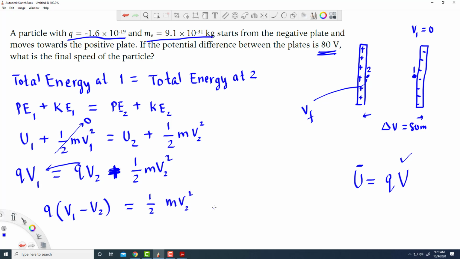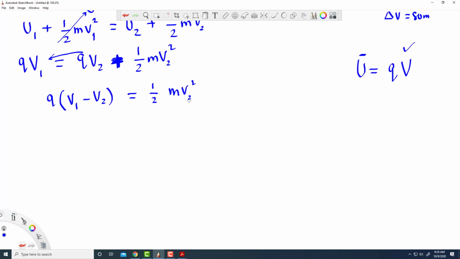Okay, it's just rearranging the things. Now I want to find V2, so I want to write this in terms of V2. So let's rearrange more. This will give me 2Q(V1 minus V2) is equal to, I can bring this m also down here, m V2 squared.